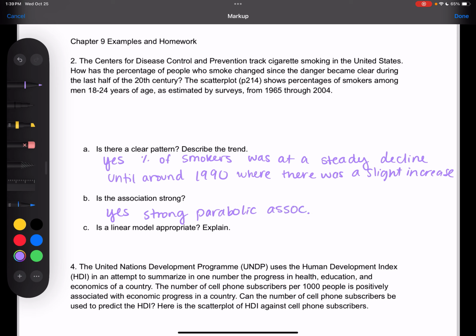Is a linear model appropriate? Explain. No. Why? It's not linear. It isn't linear. Just abbreviate it. No, because the shape of the scatter plot shows a parabolic model.